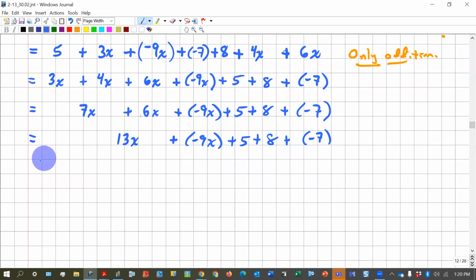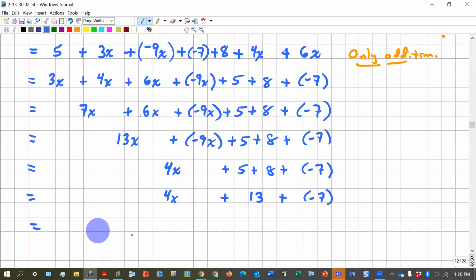Then 13x plus negative 9x would be 4x. And my last 3 terms are all constants. So I'll add my 5 and my 8 together. And then finally, I'll add that result 13 and the negative 7 is 6.